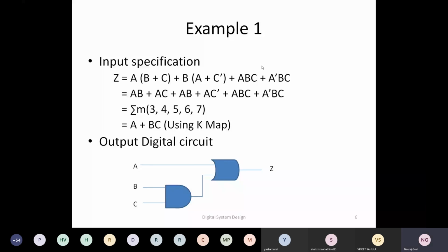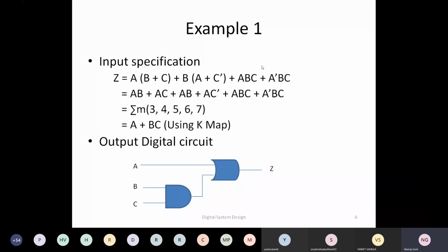Now there could be another possibility to represent the same specification. In that case, you will instantiate the values of A, B, C to all possible values. You will give A equal to 0, B equal to 0, C equal to 0, and then A equal to 0, B equal to 0, C equal to 1.